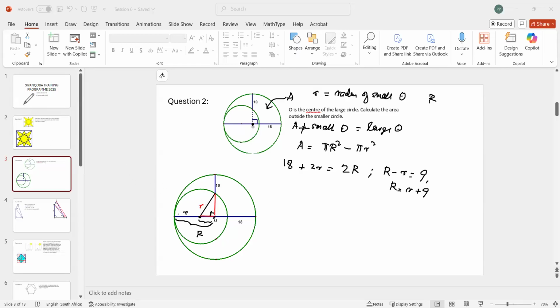I'm going to rub that off so that I take that out. Right. So this is capital R minus small r. But capital R minus small r is 9. Now that's beautiful. So this part here is 9, right? Now, this is always the center of the circle.